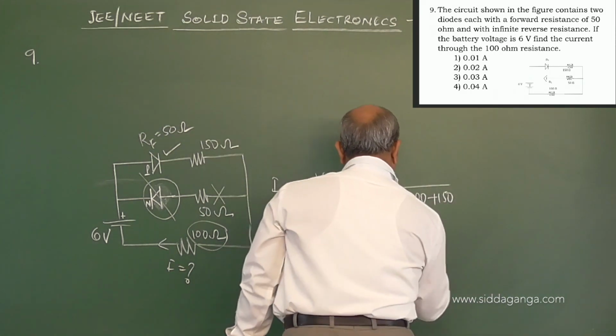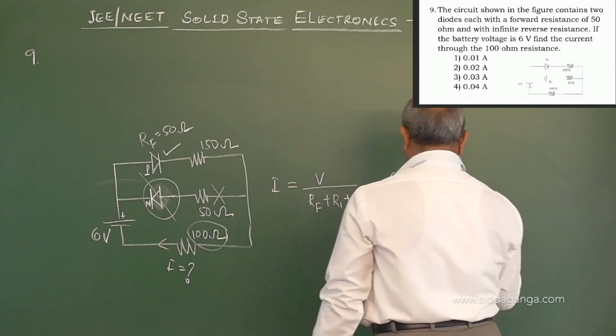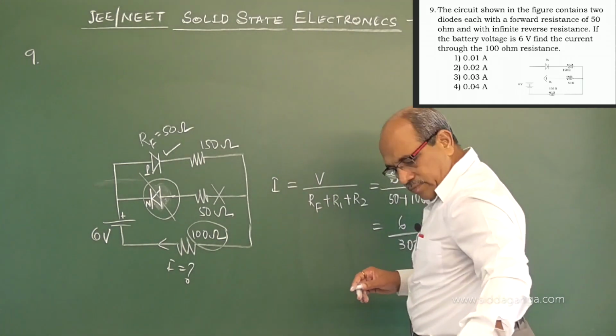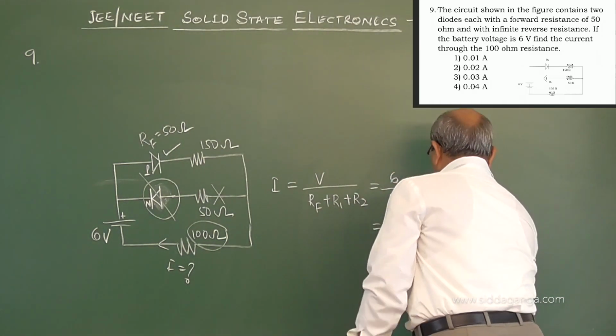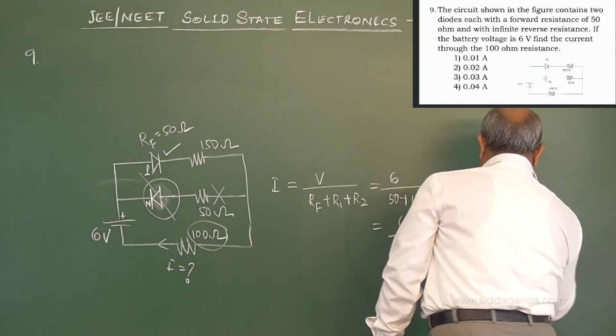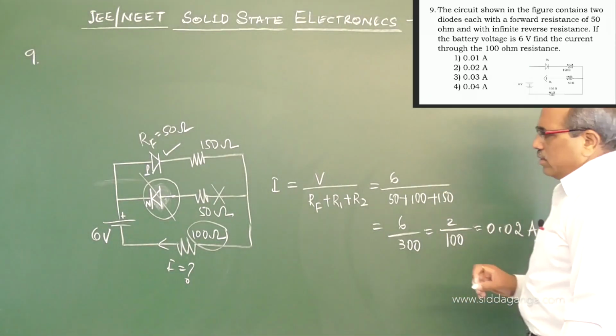This becomes 6 by 300. That is 1 by 50. The answer is 2 by 100, or 0.02 ampere, option number 2.